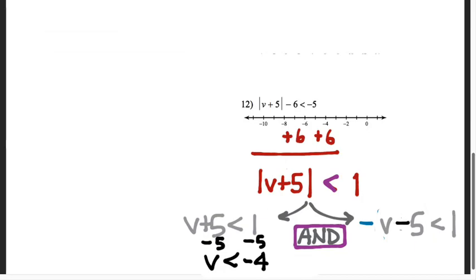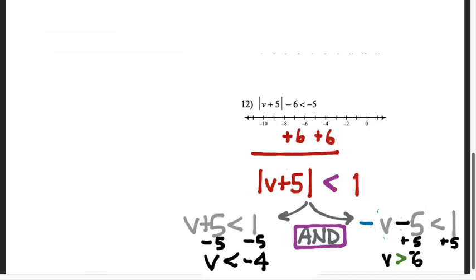Then I'll add 5 to both sides to give me minus v is less than 6. And then what's going to happen? Divide by negative 1. That's going to leave me with just v. It's going to give me a negative 6 over here. And what else is going to happen? Sign flips. There we go. And so we end up with v is less than negative 4 on the one hand, and v is greater than negative 6 on the other hand.